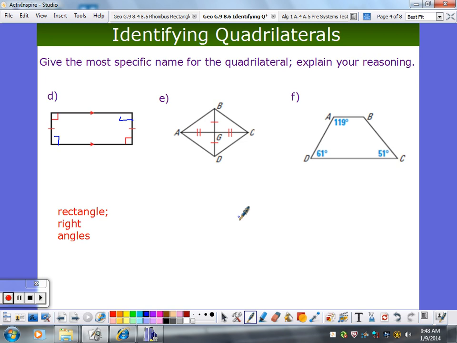I don't know that, so I can't really say if it's a rhombus. What do you think, Maria? Parallelogram. How come? All I know about this quadrilateral is that the diagonals bisect each other. The best I can do is say a parallelogram. There's no other facts here that I can use.